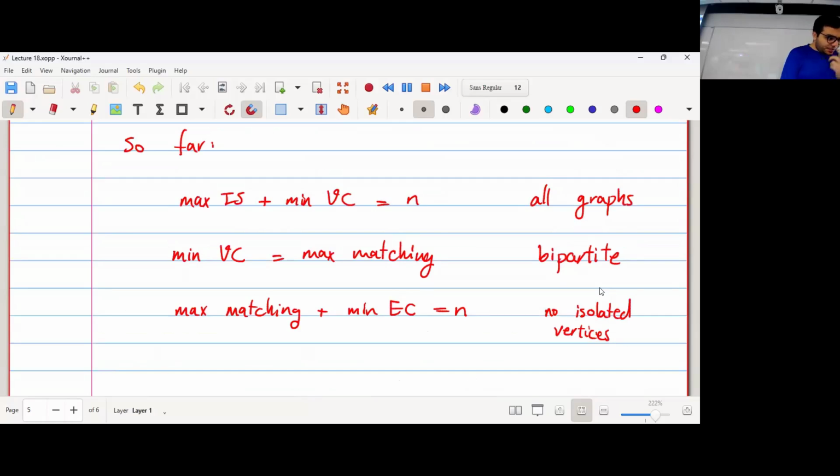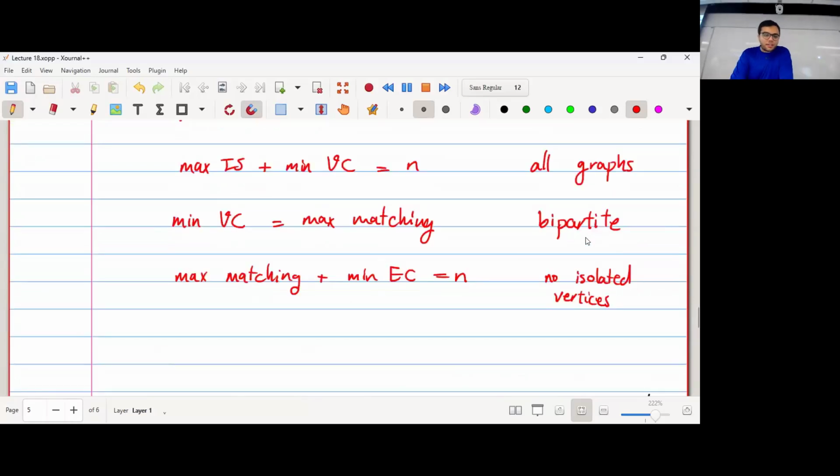What else can we get? Look, in bipartite graphs, I know that minimum vertex cover is equal to maximum matching. In graphs that have no isolated vertices, I know that maximum matching plus minimum edge cover is equal to N. And in all graphs, I know that maximum independent set plus minimum vertex cover is equal to N. So here's what I claim.